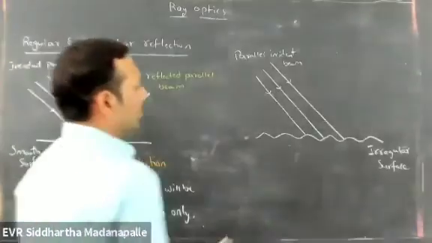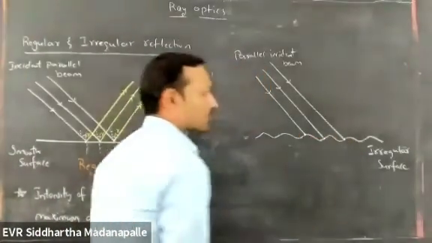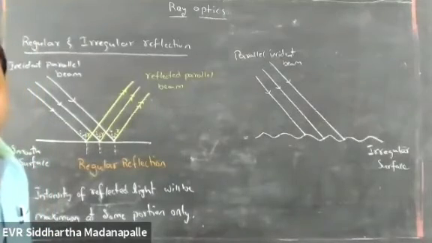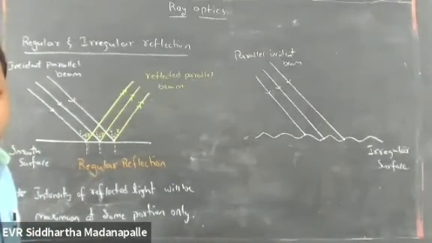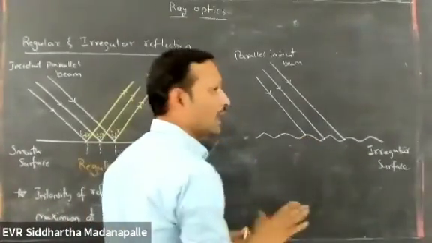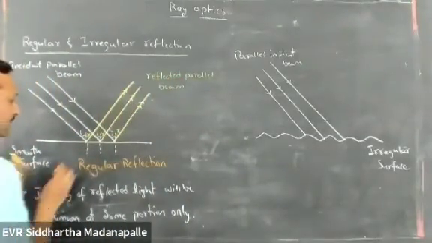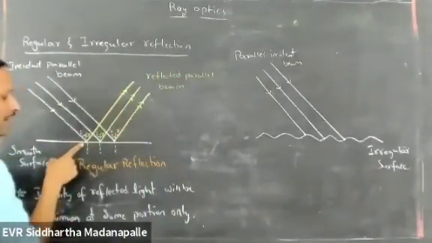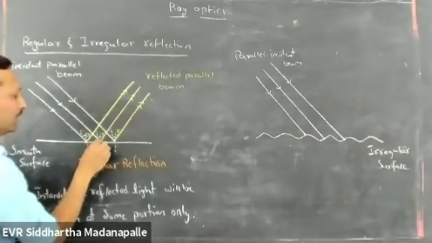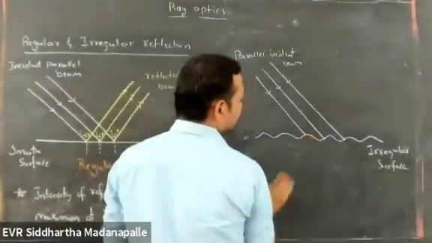Now, at every point of incidence, we have to take a small portion. Let us consider a small area, a small surface here. In this surface, we have to draw the normal. Here also, if we are taking this point, it is a small area. In this portion only, I am taking a normal here. Here also.